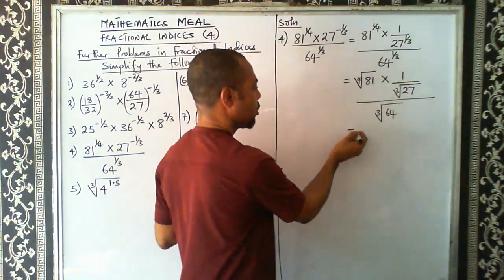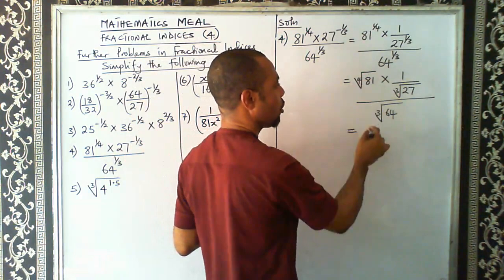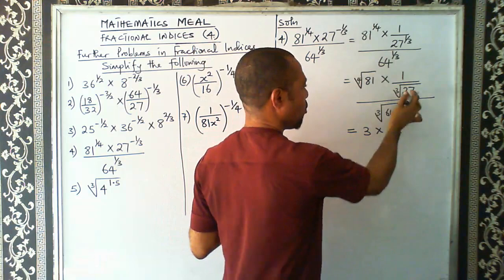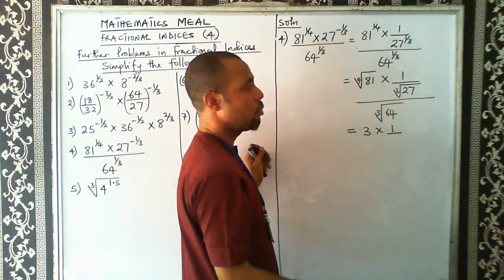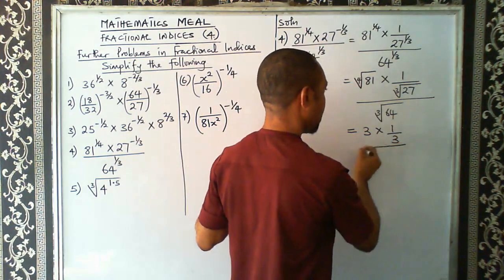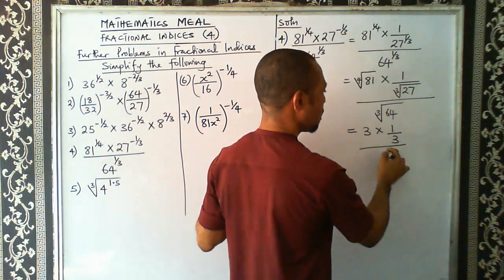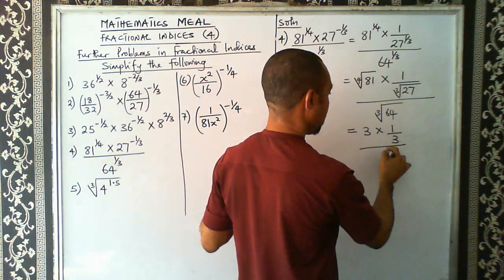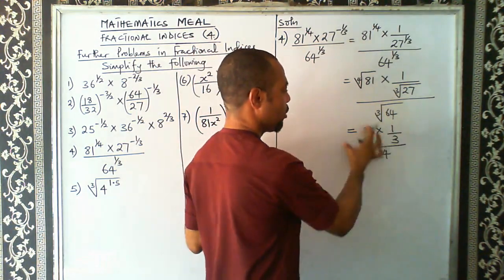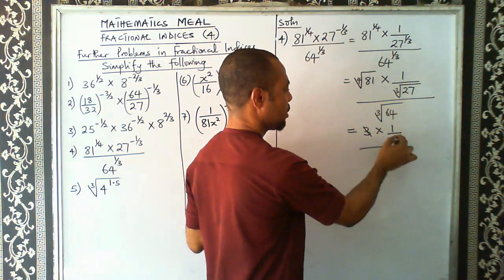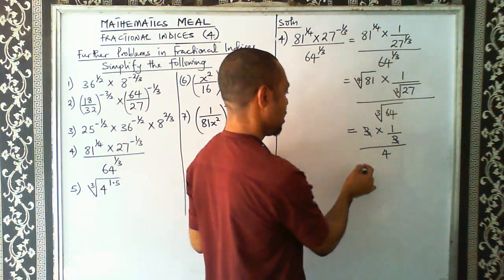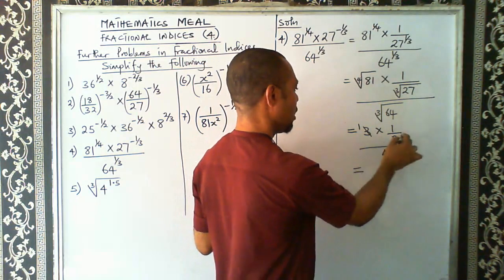So the 4th root of 81 is 3, times 1 over the cube root of 27 which is still 3, divided by the cube root of 64 which is going to be 4. Then you notice that the numerator, the whole of this can take care of themselves, and of the numerator we are left with 1 at the end of the day. This 1 and this 1.